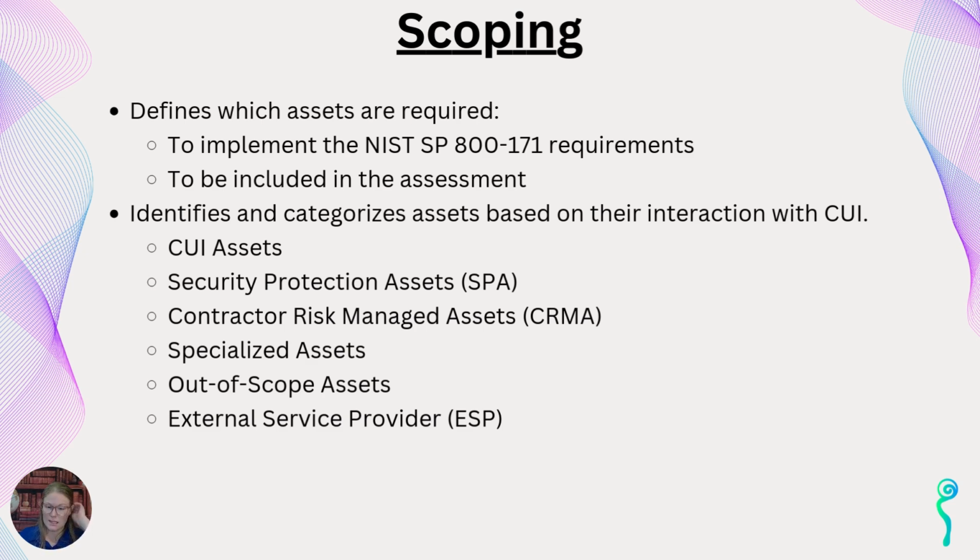However, it is essential during your scoping activities to identify the external service providers that are storing, processing, or transmitting CUI information or security protection data for your environment to ensure that these external service providers are meeting the requirements.